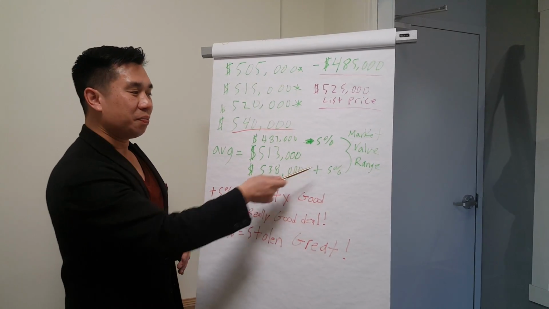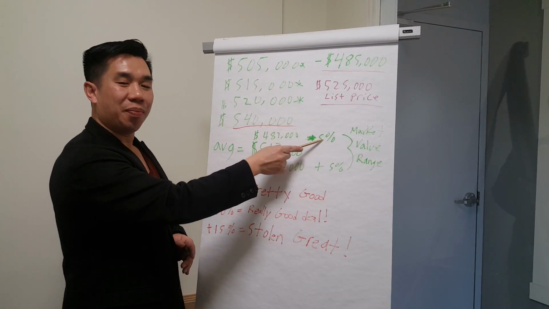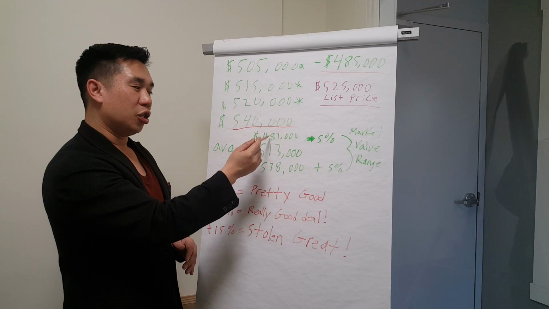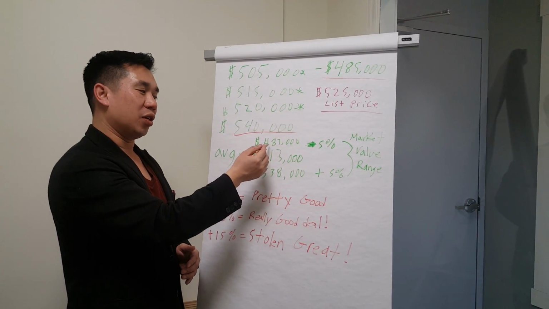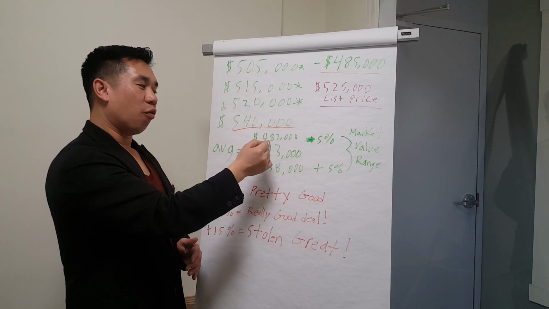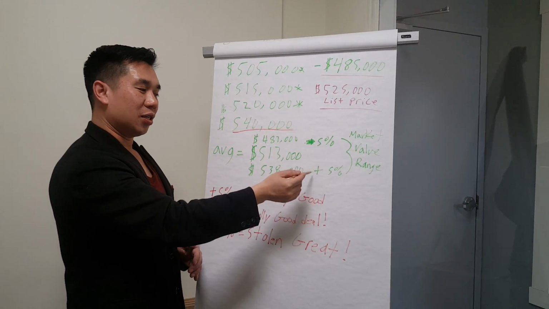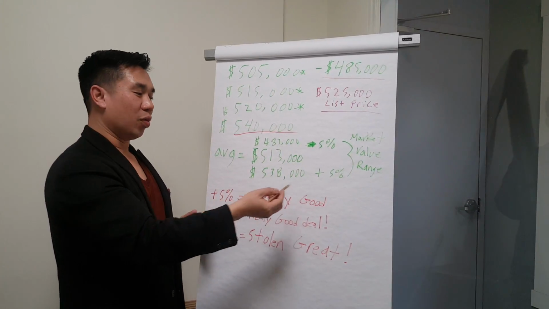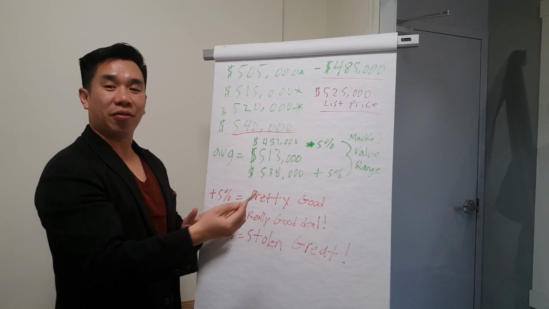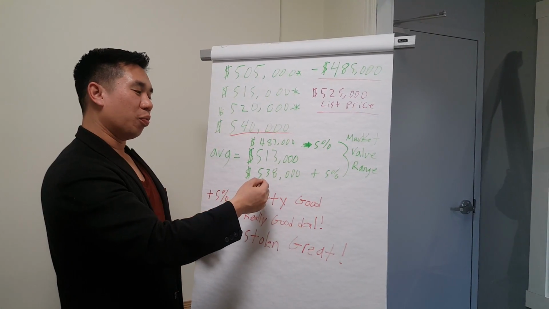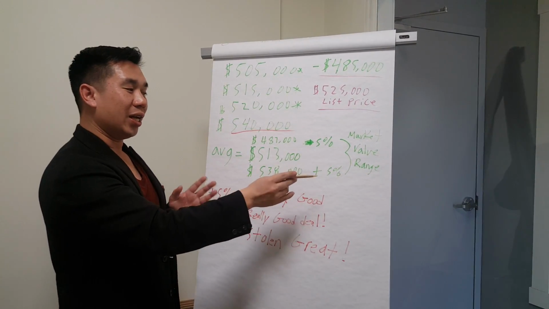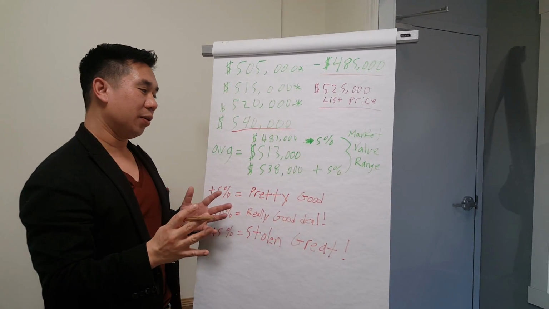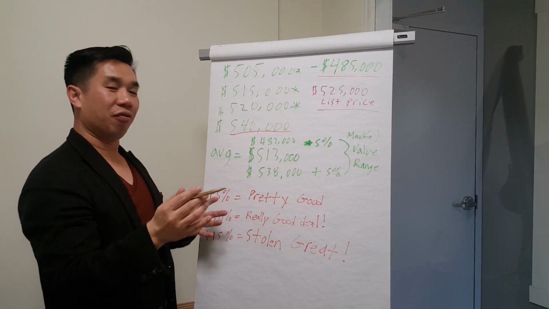But what I did is I minus 5% of 513 to create a bottom floor number. So this is the low end of market value for this property, 487. And then to extend for other situations, I increase the market value by 5%, which will put it at 538. So 487 to 538 is the market value range for this property. 513 is the average.